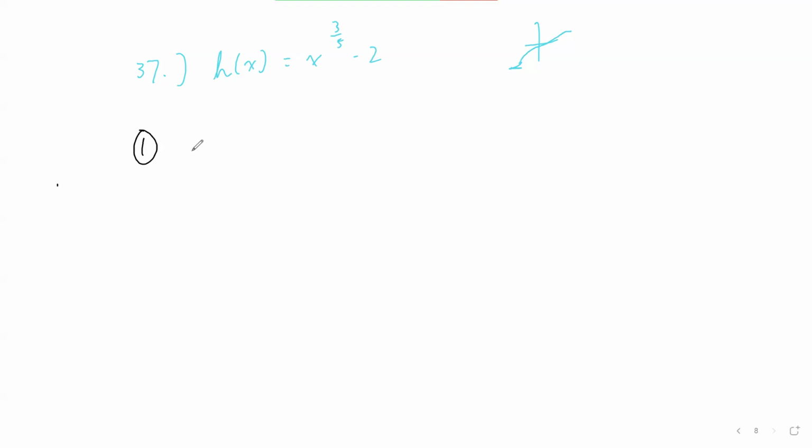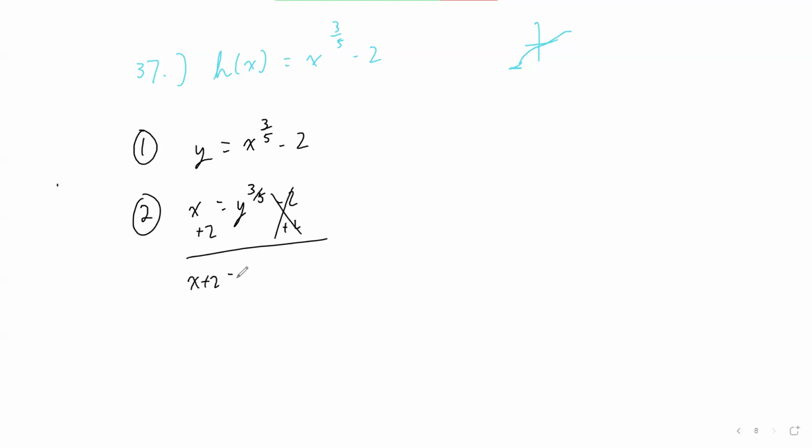Regardless, I'm going to change h of x into a y. Then next step, switch the x and the y, and then I'm going to solve for my y. So I'm going to add 2, so I get x plus 2 equals y to the 3/5. To get rid of a rational exponent, you just have to raise it to its reciprocal.